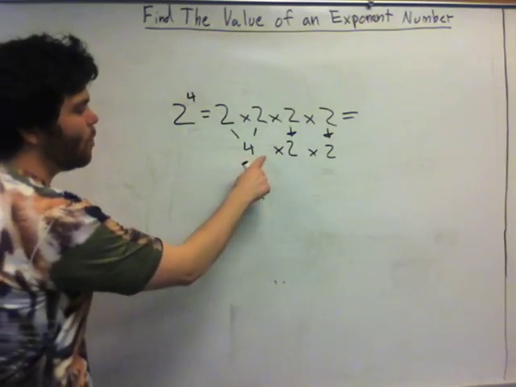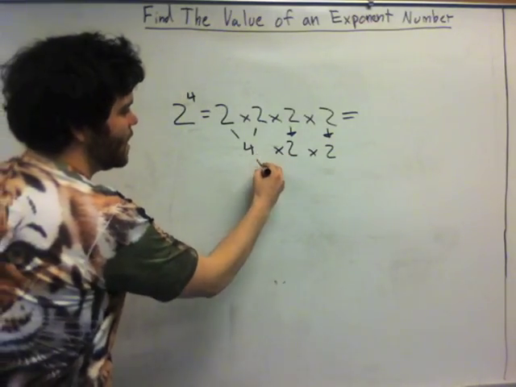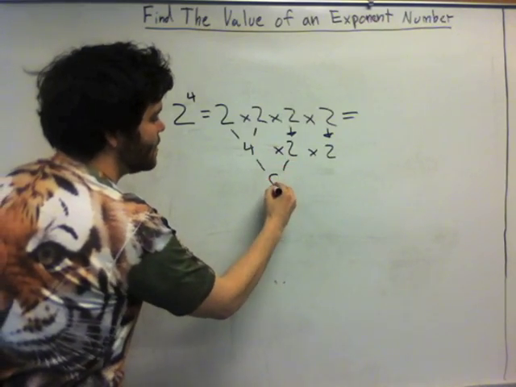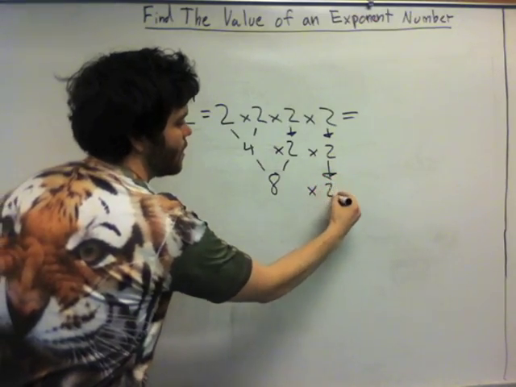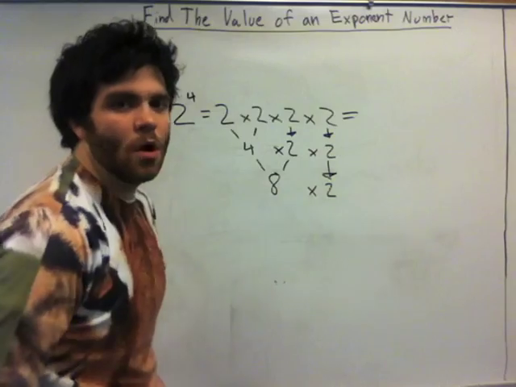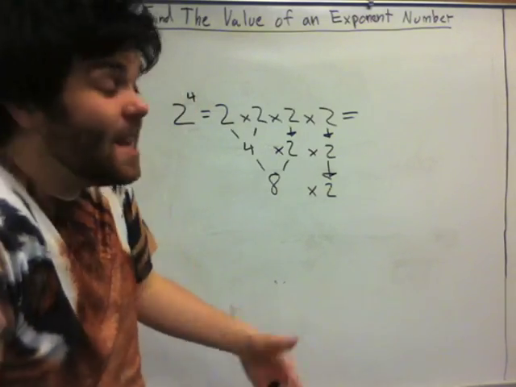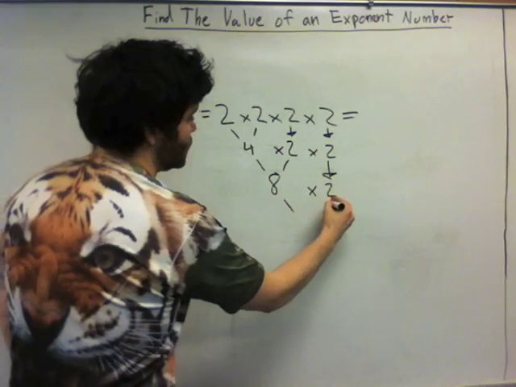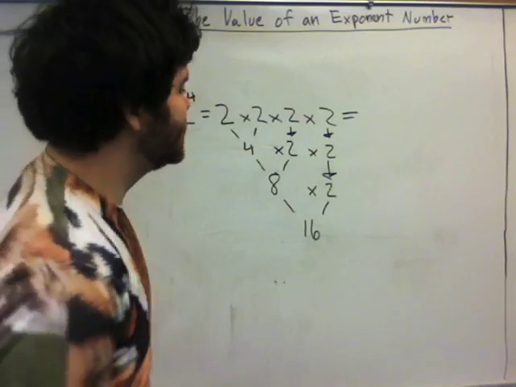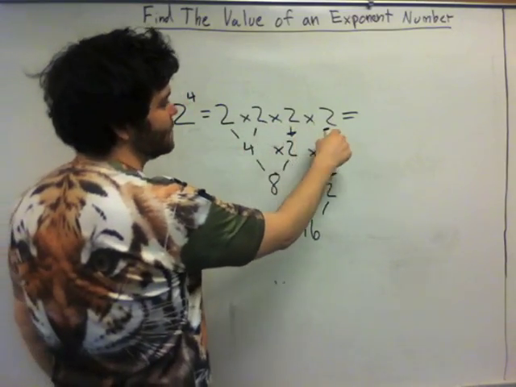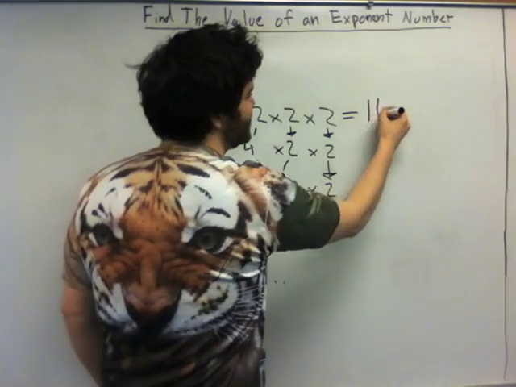Well, 4 times 2, that's going to be 8. And now I only got one more little times 2 to drop down. 8 times 2, well, that's 16. So you know that 2 times 2 times 2 times 2 is actually equal to 16.